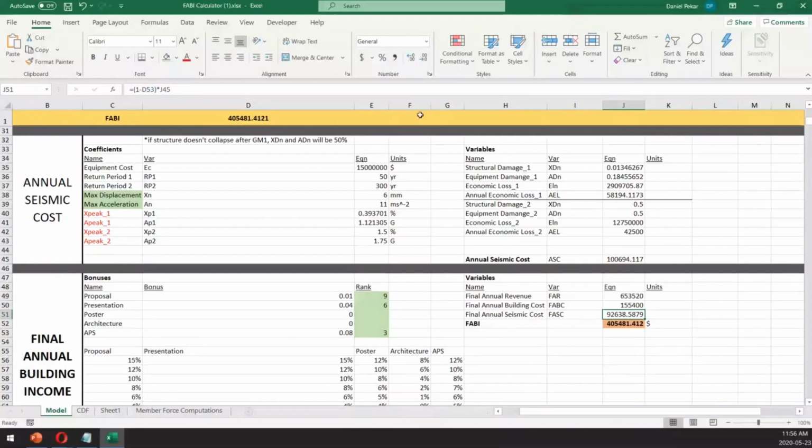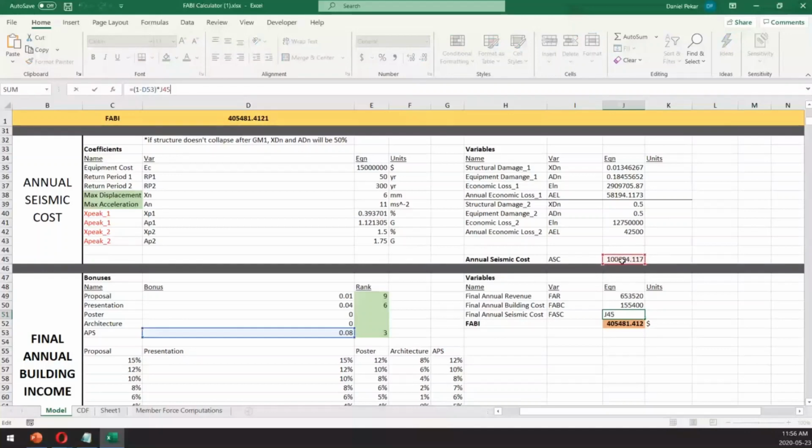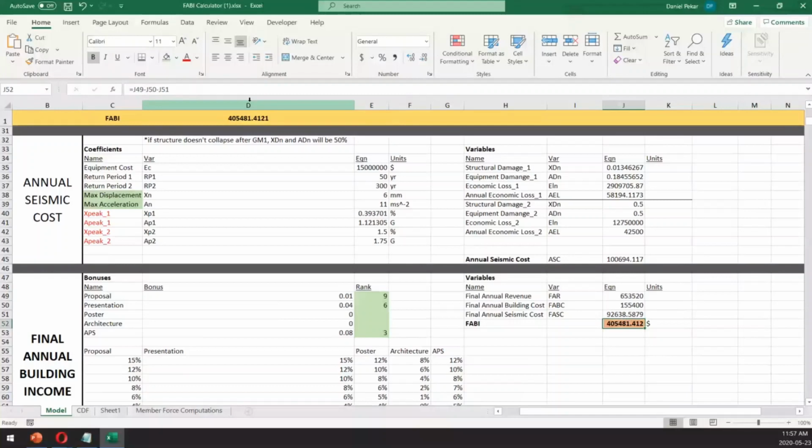So this seismic cost is 6 times smaller than our revenue. So our APS has to be 6 times more than any of these bonuses for it to equalize, right? And that's it: your revenue minus your building cost minus your seismic cost is your FABI, which is the same number over here.